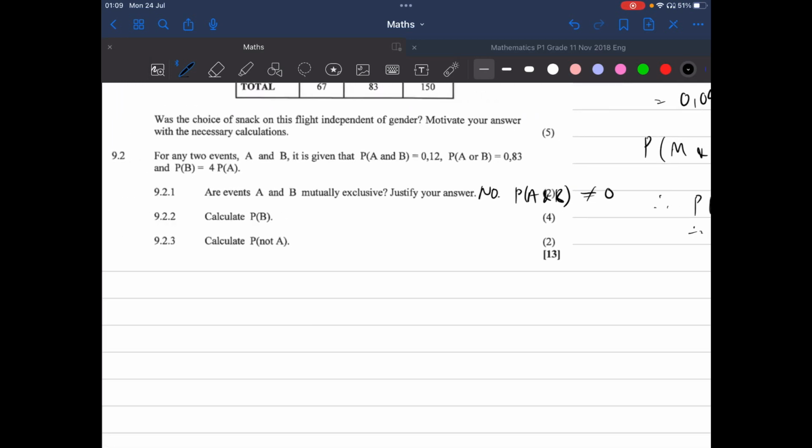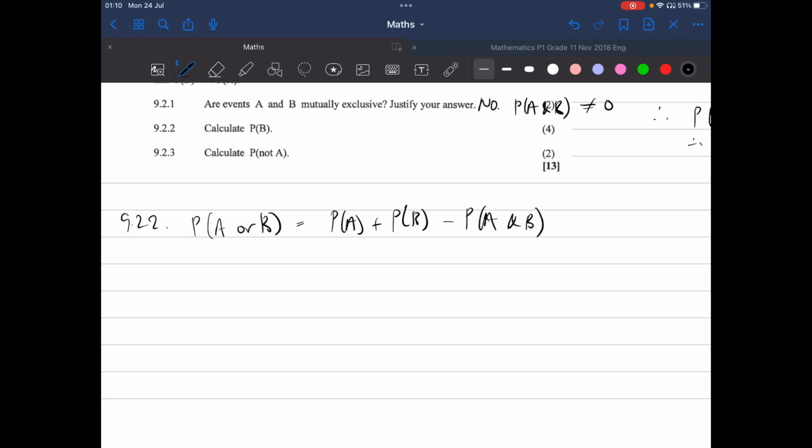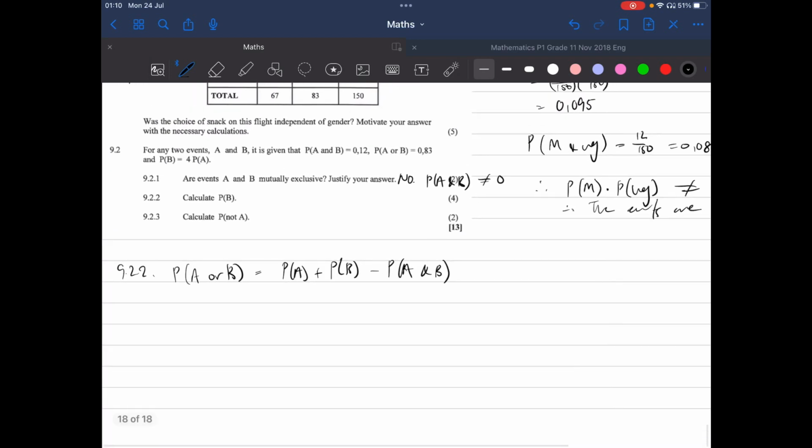9.2.2. Calculate the probability of B. Here we're going to use the rule that the probability of A or B is equal to the probability of A plus the probability of B minus the probability of A and B. Let's read the question again, and we're given most of this information.